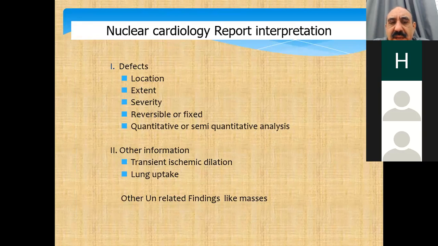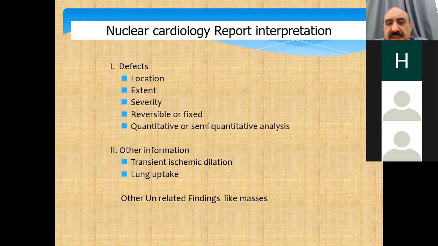When we see any defect, we should locate that defect. We should say what is the extent of the defect, the severity. Is it reversible or fixed, quantitative or semi-quantitative analysis? So whenever we see any defect on nuclear imaging, we should specify those criteria.